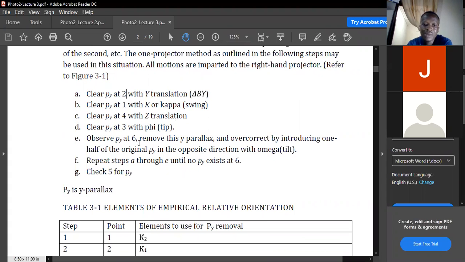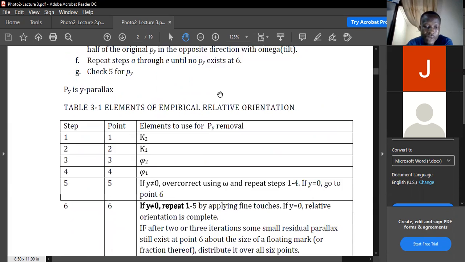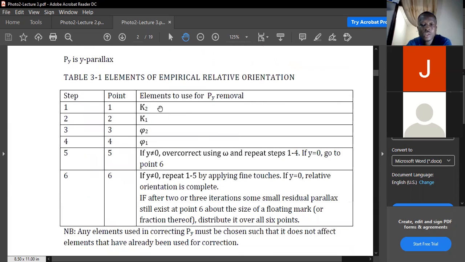But really, this is something that you did with the optical mechanical instruments that we are not using anymore. It relates to that and not to the digital systems, but it is very good for teaching the two projector empirical relative orientation.